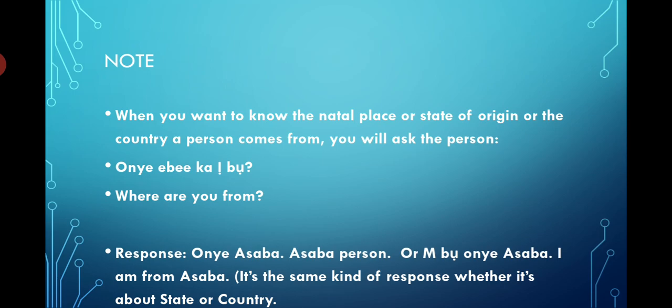Or Mbụ onye Asaba, if you want to make a sentence, I am from Asaba. So it's the same kind of response, whether it's about states or country. In other words, if someone asks where your state is, or where your country is, you can still say mbụ onye Delta State or mbụ onye Nigeria. So it's the same response.